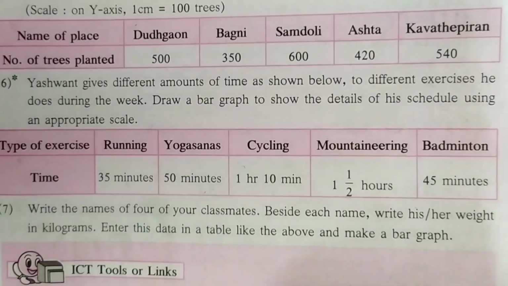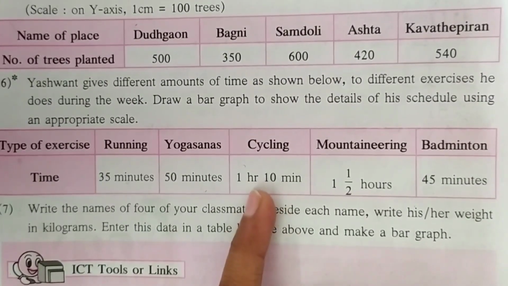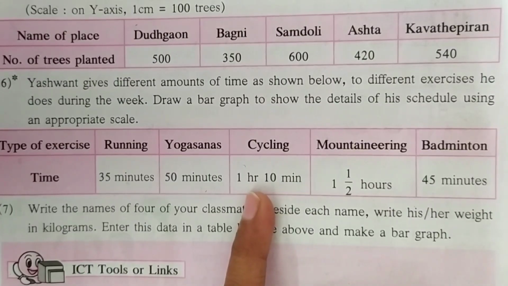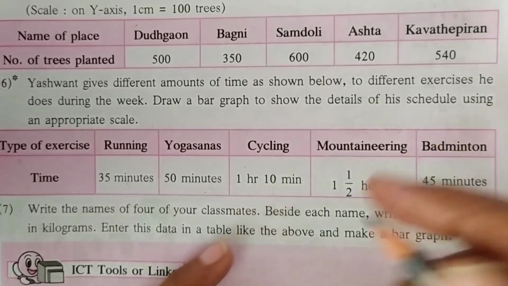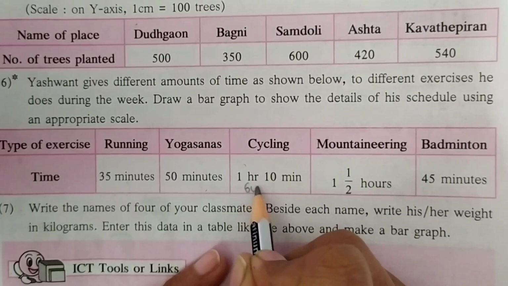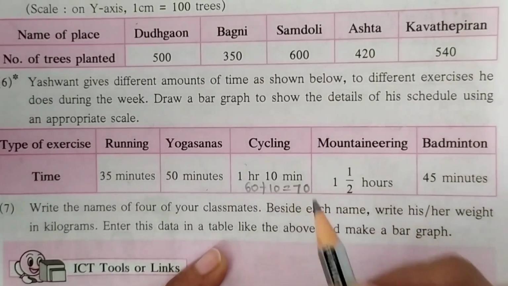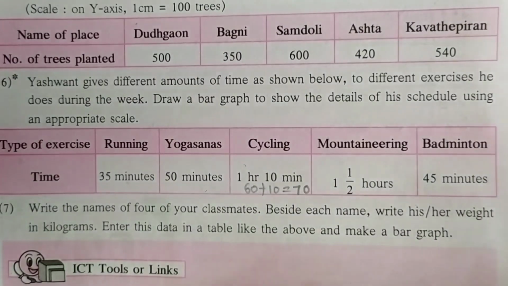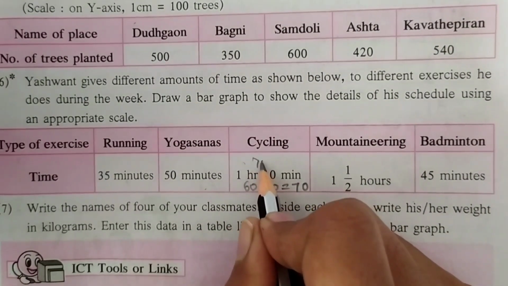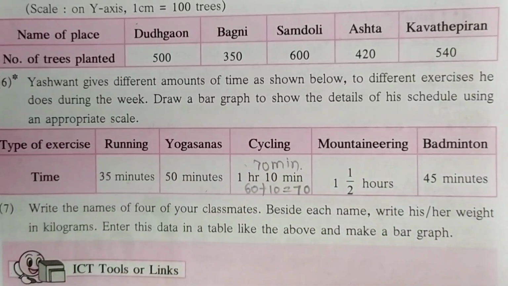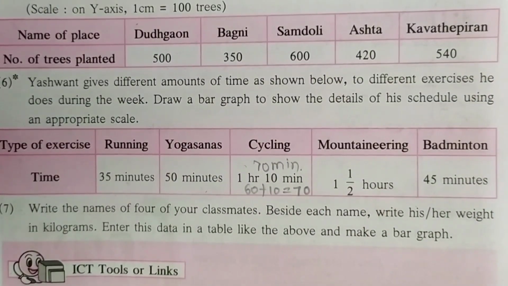First of all, we are going to convert these hours into minutes. 1 hour is equal to 60 minutes. So here 60 plus 10 is equal to 70 minutes. Just write here 70 minutes. Then 1.5 hours.